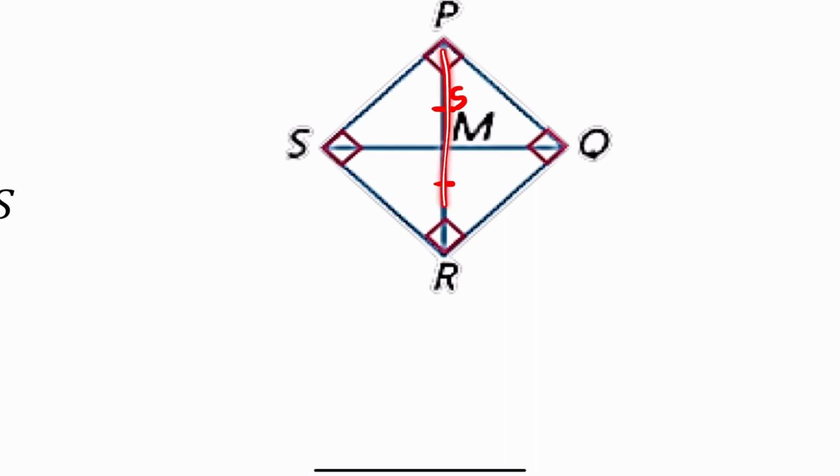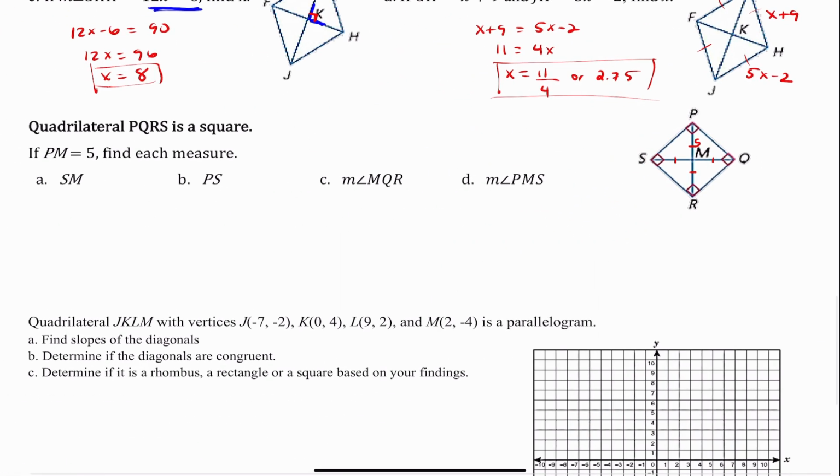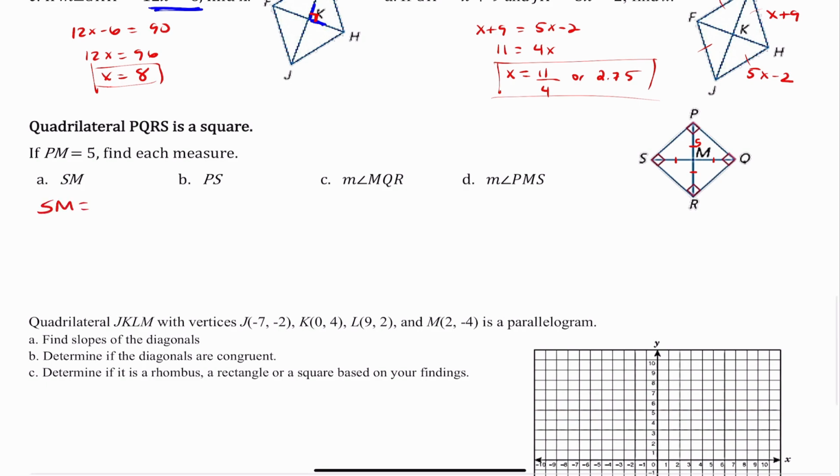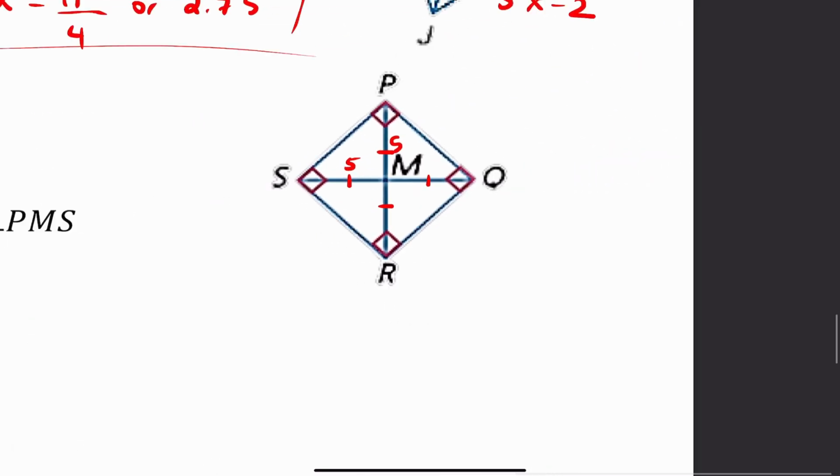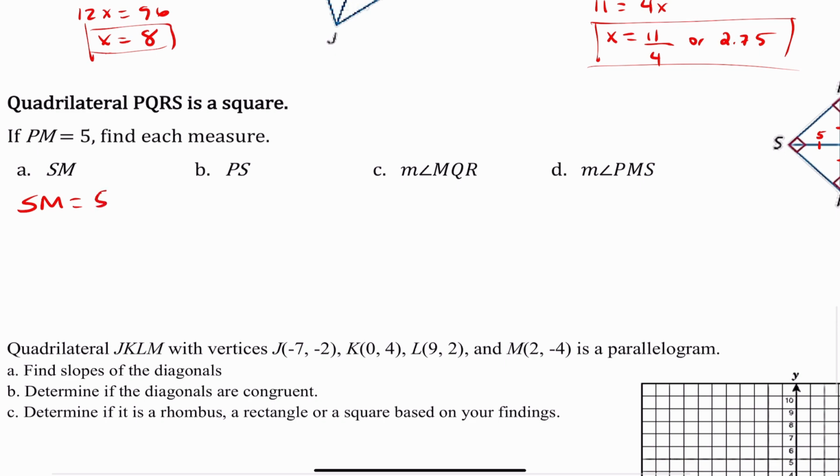And again, since the diagonals are congruent, this segment is congruent to that segment, and they all get the same tick marks. To clarify, this is 5, this is 5, this is 5, and this is 5. So how long is SM? Well, that's actually just 5. Okay? SM is equal to 5.